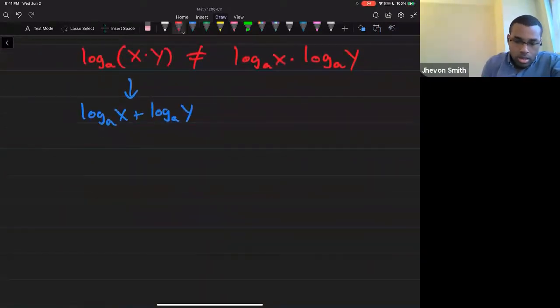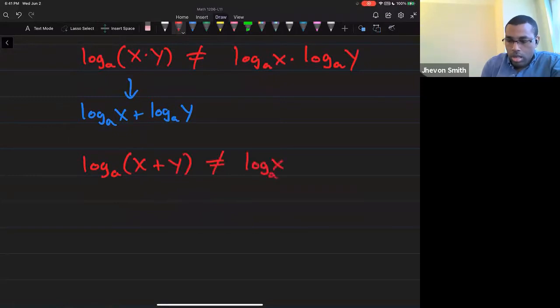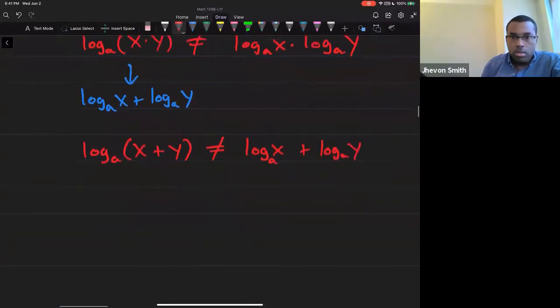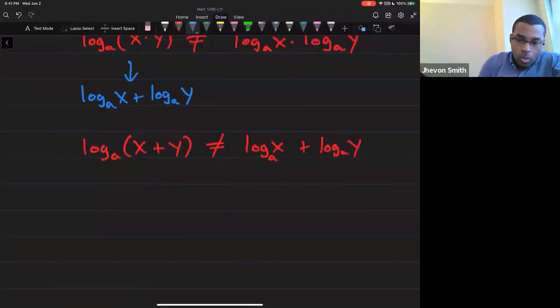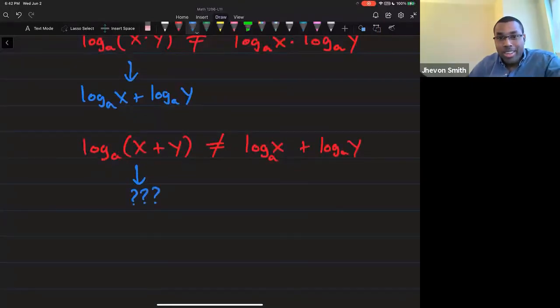Also, logs do not distribute across sums. What is this? Well, I didn't tell you guys because it's above our pay grade in Calc 1.